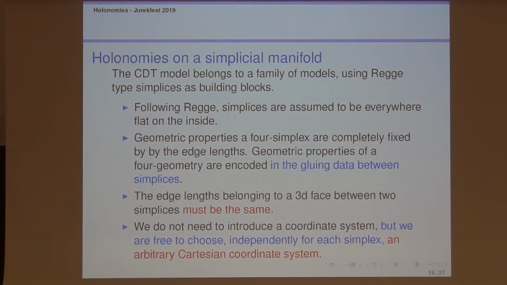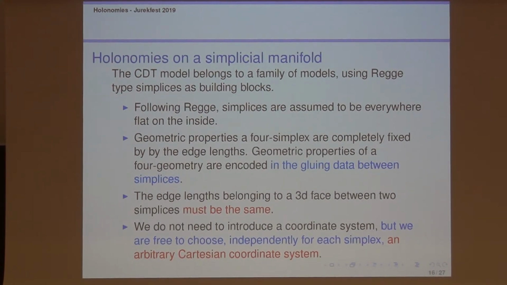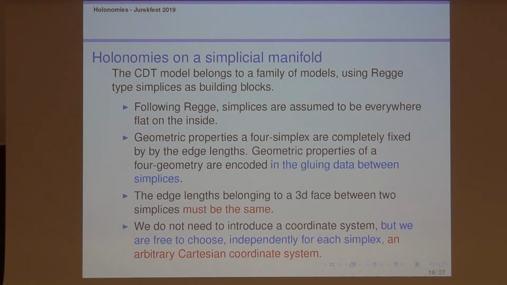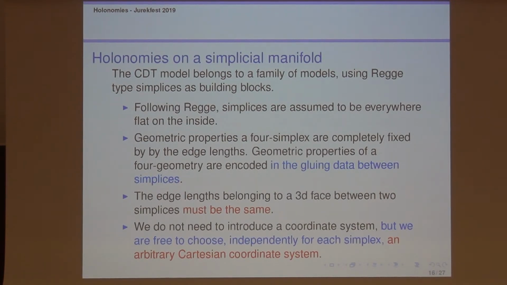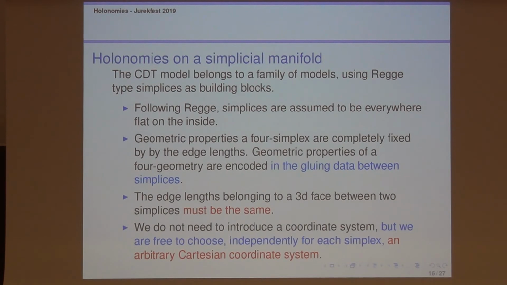Well, we do not need a coordinate system from the point of view of our construction, but this doesn't mean that we cannot have it. In fact, we are completely free to use an arbitrary coordinate system in each simplex. And since the structure is Euclidean, we can choose a Cartesian system of coordinates independently in each simplex.